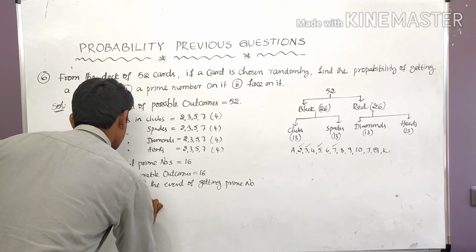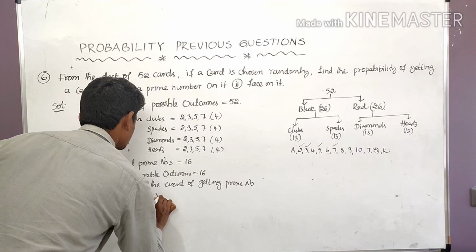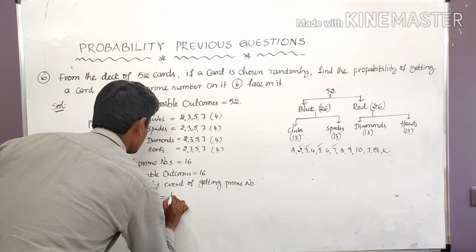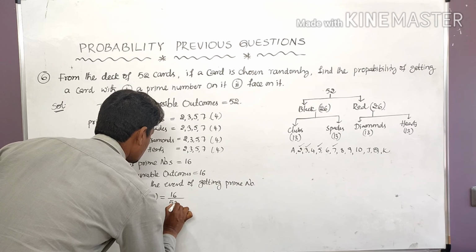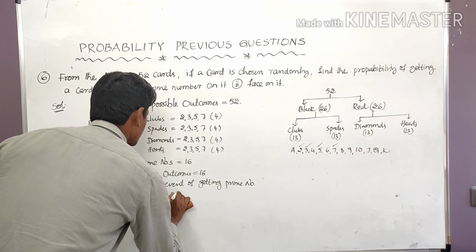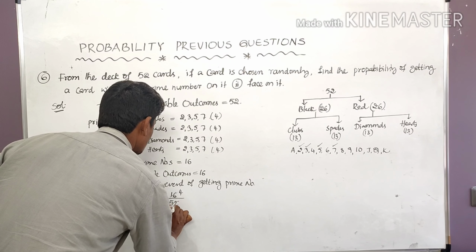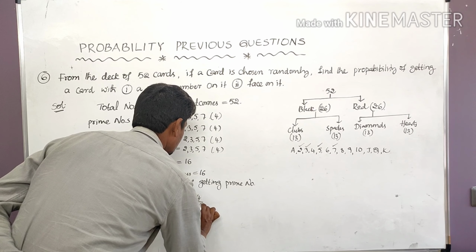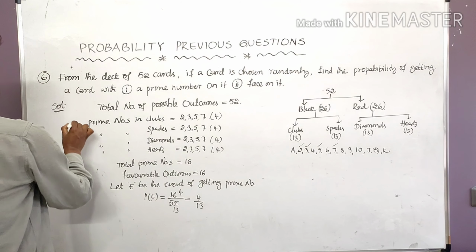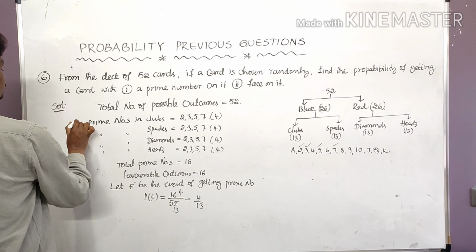Therefore P of E is equal to favorable outcomes divided by total number of possible outcomes, that is 16 divided by 52. 4 4s are 16, 4 13s are 52. That is 4 by 13. This is the first one.